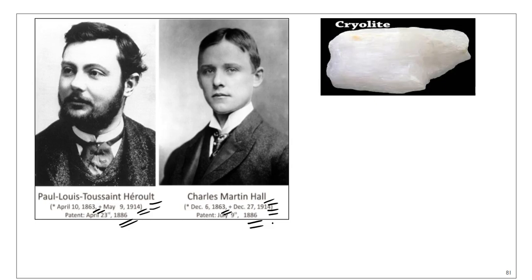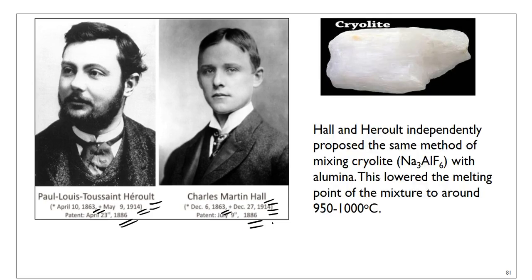All right. So basically, what they discovered, they didn't invent this material, they just discovered the use of it. It's cryolite. Cryolite is a very rare ionic compound. So this is the formula of cryolite. You do not need to memorize this. What they discovered is if you mix this ionic compound with alumina or aluminium oxide, it lowers the melting point of both.